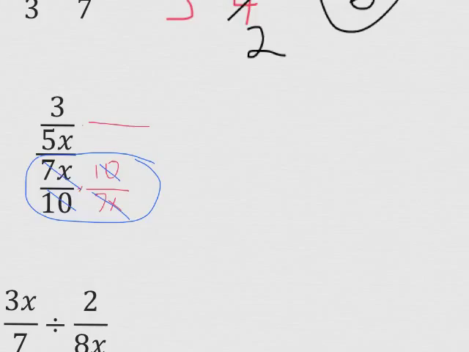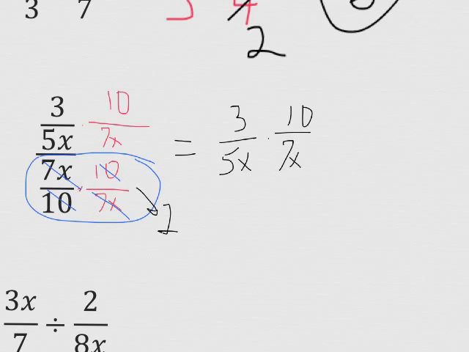However, if I'm going to multiply by 10 over 7x in the denominator, I have to multiply by 10 over 7x in the numerator as well. Okay? So this whole denominator becomes the number 1. And so this whole thing simplifies to 3 over 5x times 10 over 7x. Okay?